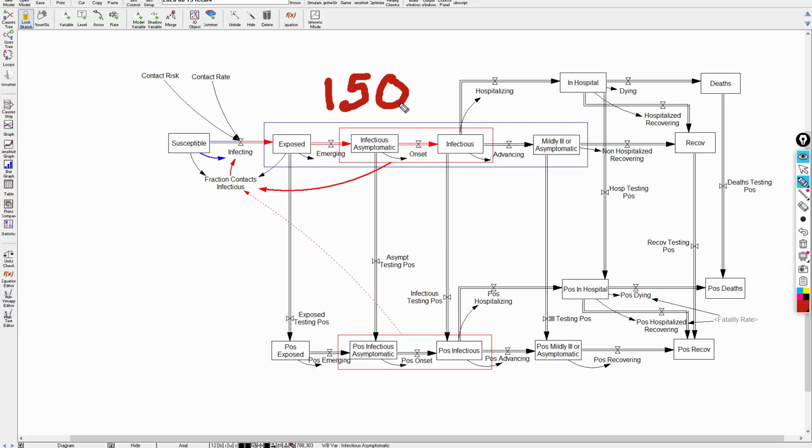normally you would imagine that there might be a 10 to 1 ratio of measured infections to actual infections. So the number of these that are discovered even in the best of circumstances is probably pretty small.